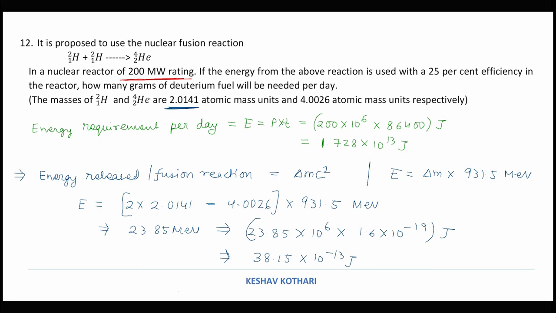Now using this result, that is the energy requirement per day and the energy released per fusion reaction, we are calculating the number of fusion reactions required.